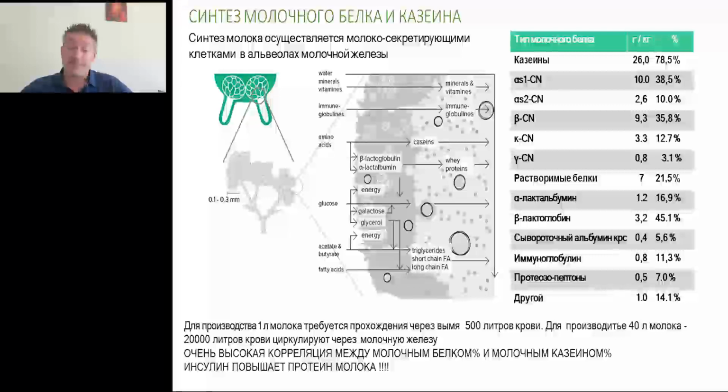In this slide, I have reported the correlation between milk protein synthesis and casein. Milk synthesis takes place in the mammary gland alveoli by the milk secreting cells. Milk protein is composed mainly of milk casein.